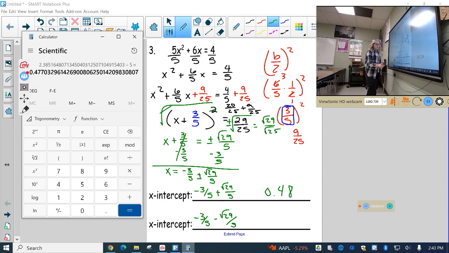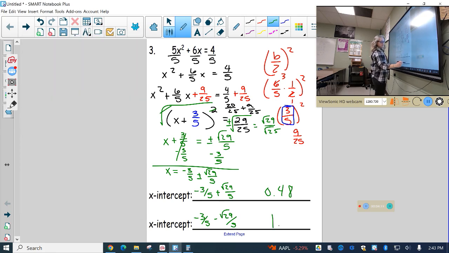And then for the other one, square root of 29 plus 3, and then all of that divided by 5, I get 1.68. So that's completing the square for the x-intercepts. And if you wanted to write it as an x-intercept, you would just put it in as (0.48, 0) and (1.68, 0).